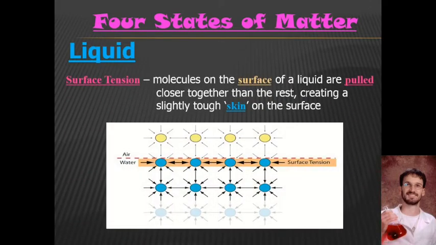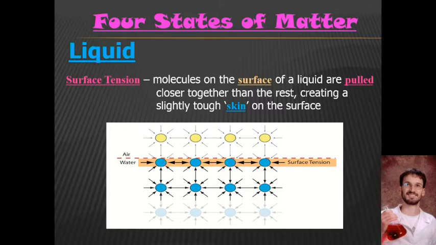There's a couple of phenomena, or a couple of vocab terms, you should know about when it comes to liquid. One is called surface tension. Surface tension is what happens at the very edge of the boundary between the liquid, we'll say this is a pond or a lake or a swimming pool, and the atmosphere or the gas. So the boundary between the air and the water, you get this special kind of phenomenon, especially with water, because water molecules are attracted to each other.